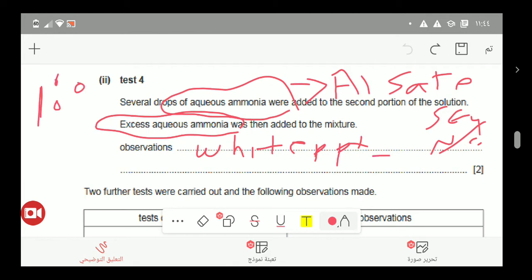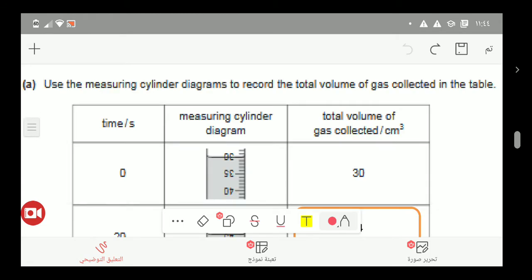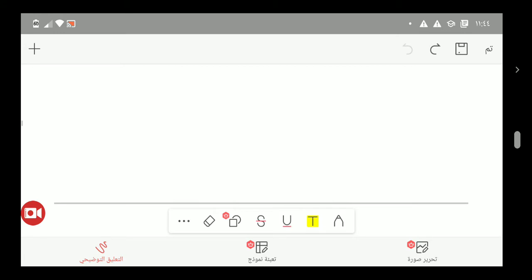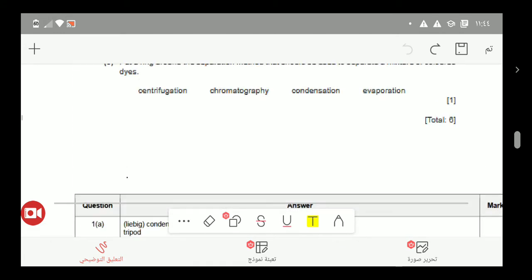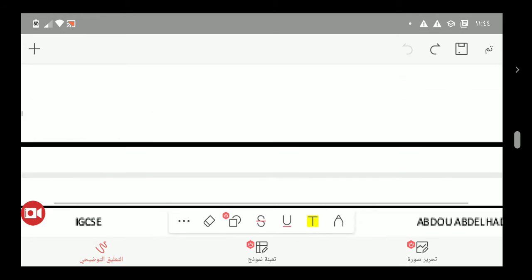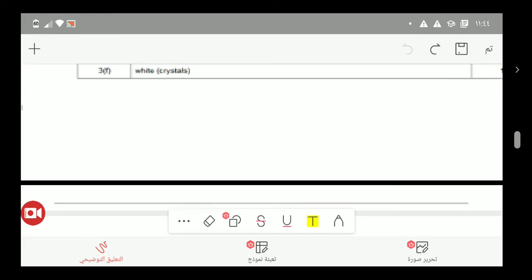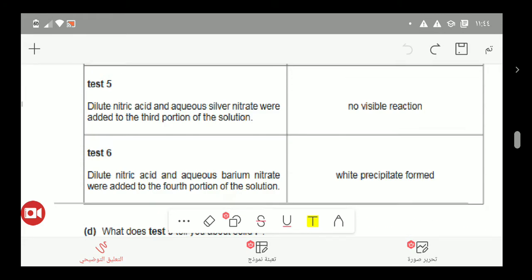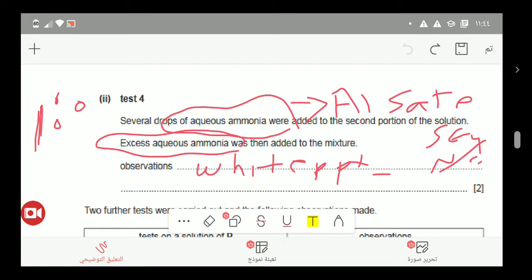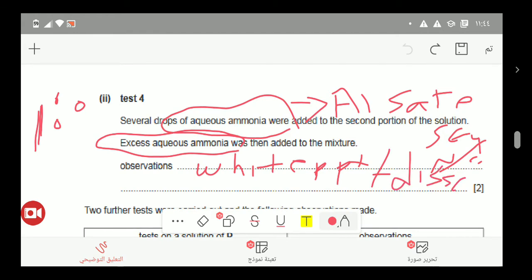Then he adds a large amount of ammonia, an excess amount. This will make the white precipitate dissolve again.